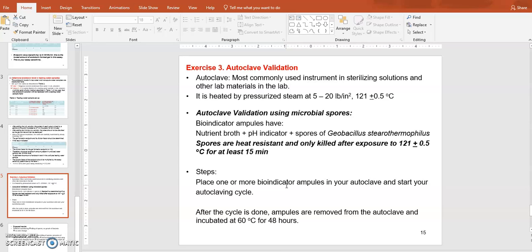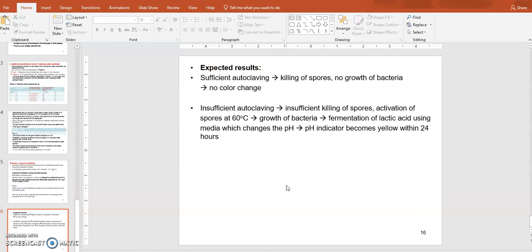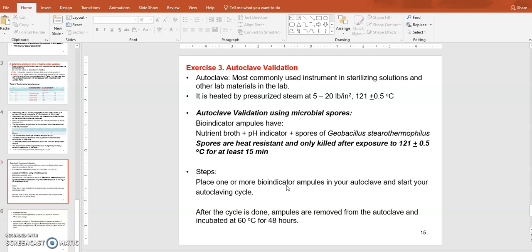Those ampules have special bacterial cells. They have the extreme thermophiles that can withstand high temperature conditions. So those ampules will have the spores of those thermophiles.